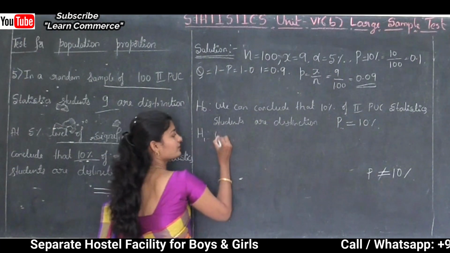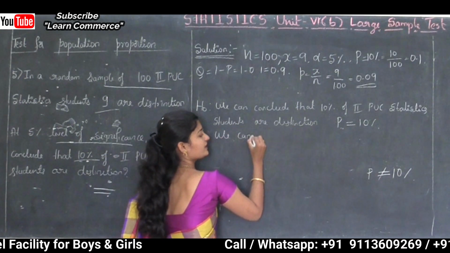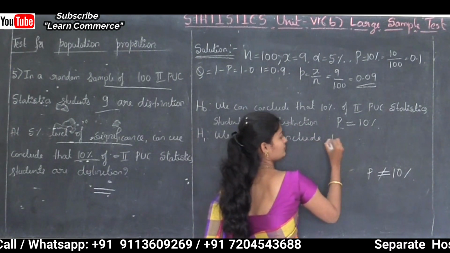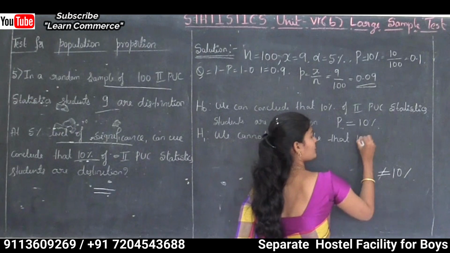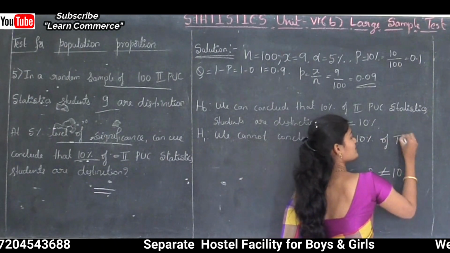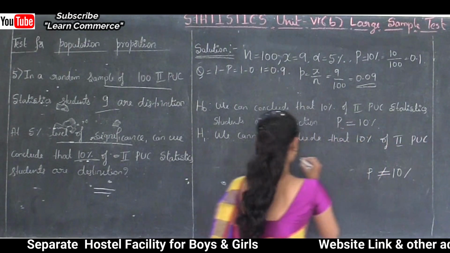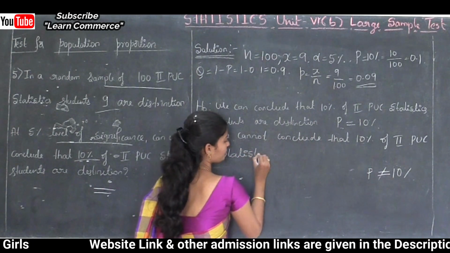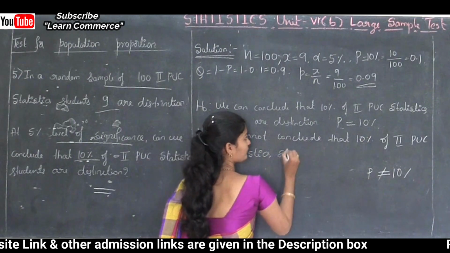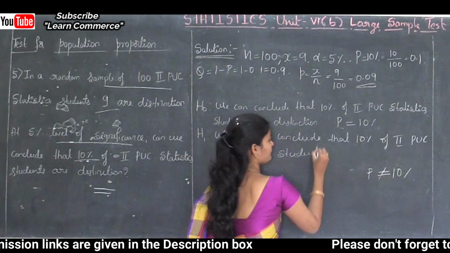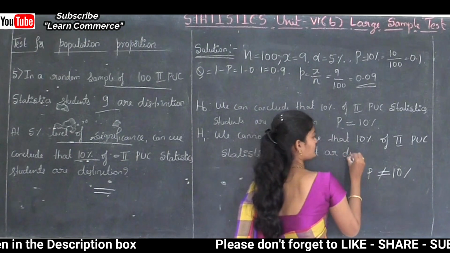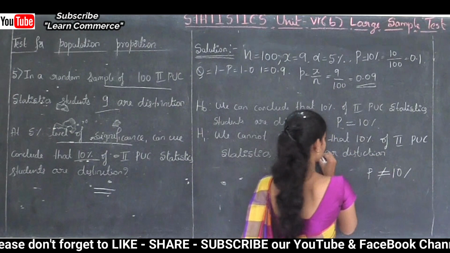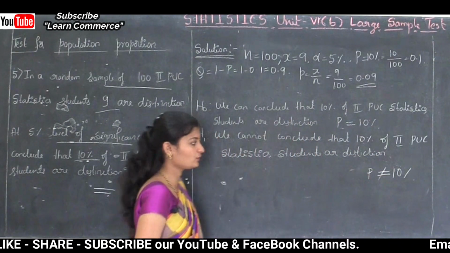So here alternative hypothesis is, we cannot conclude that 10% of second PUC statistics students are distinction. That is, P is not equal to 10%.